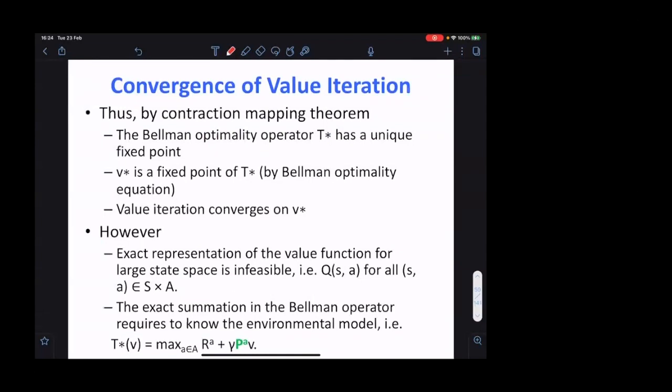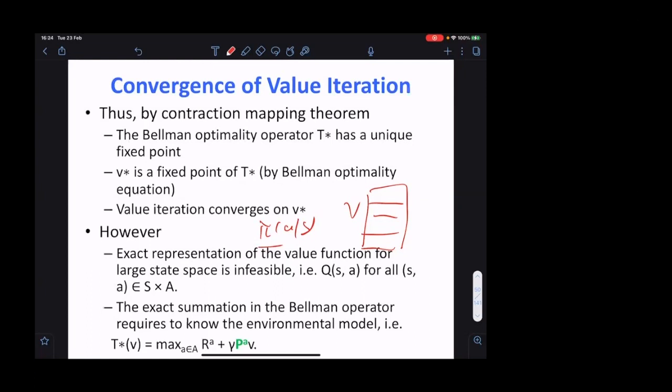However, the problem is that this is the tabular case, meaning you're able to represent the value function or even the policy as a table.